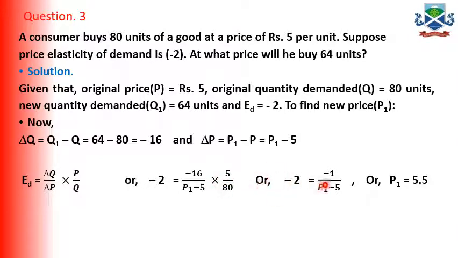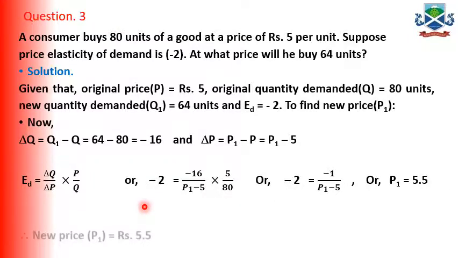Solving this, you get -2 equal to -1 divided by P1 minus 5, after simplifying: 16 times 5 is 80, and the denominator is also 80, so if you cut it, it comes -1. Simplifying again, you will get P1 equal to 5.5.